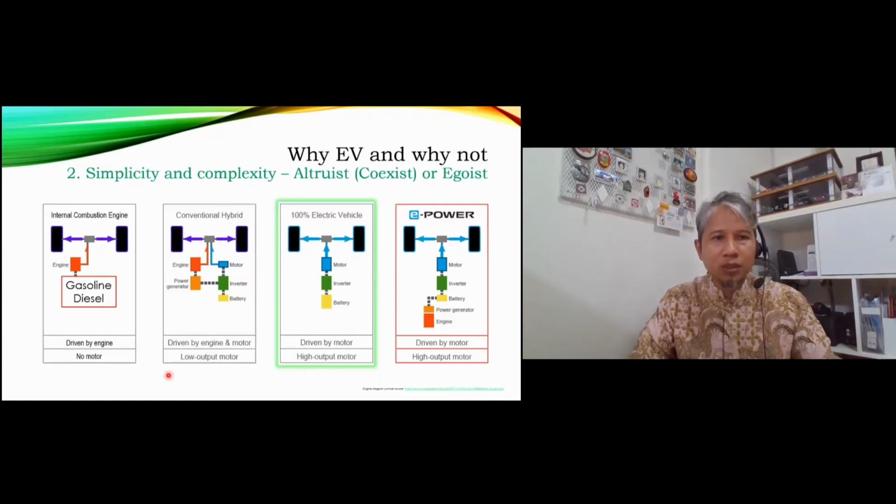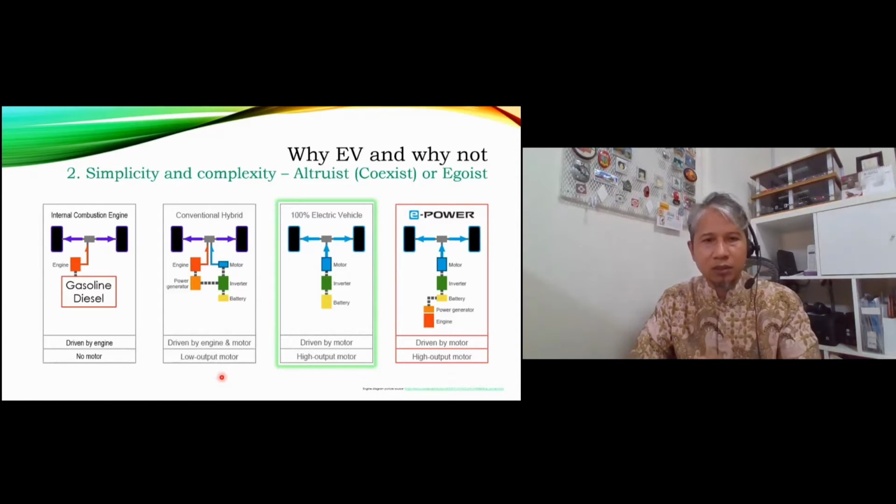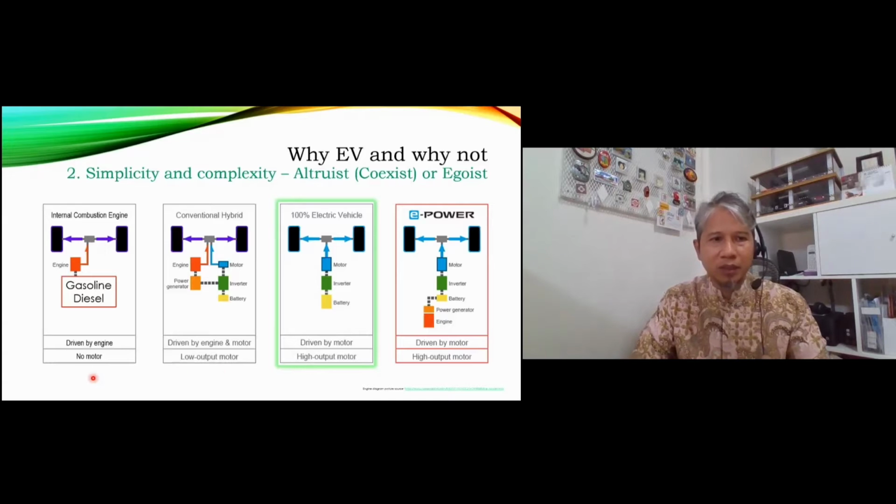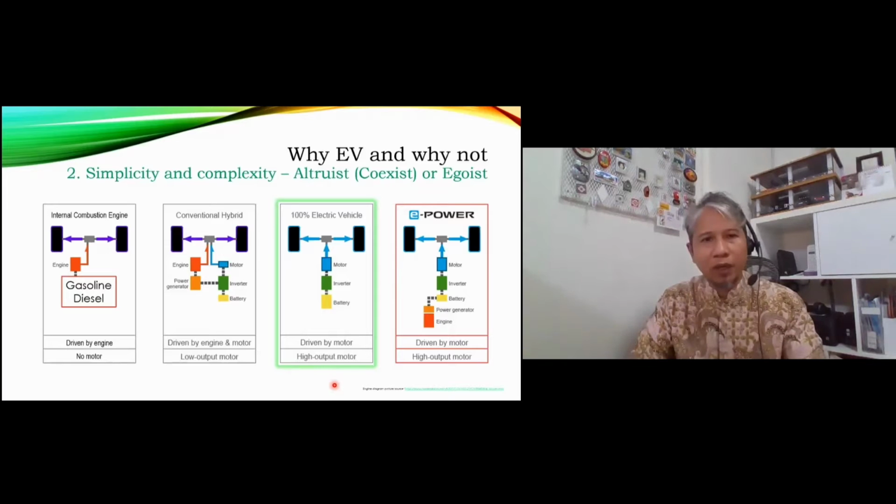Will solutions like hybrids and e-power be an intermediate solution in the transformation from gasoline to full EV? Will it be something short-lived, or something medium-lived, probably within one decade?